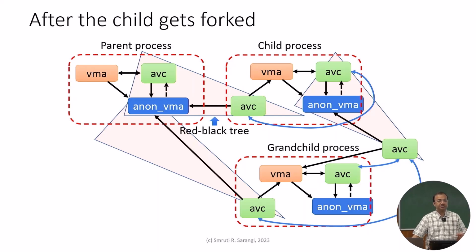So for all the VMAs it is mapped to, you have one AVC per VMA and arrange all of these AVCs as a red-black tree. Then your reverse mapping can be done quite easily, because if something is mapped here, you can easily find all the VMAs that may have a mapping. You will go there and you will do the cleanup. So this, in short, was the reverse mapping process.